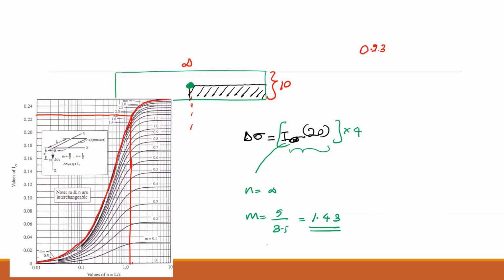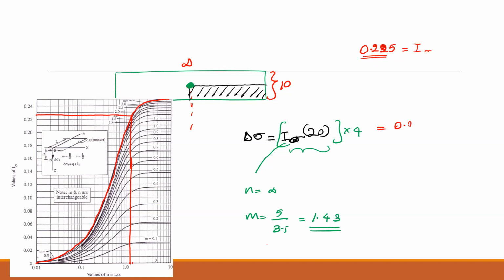So let's take this 0.23. Not 23, 0.22. 0.225 or something, isn't it? 0.225. Do you agree with this? Yeah. Okay, now let's put this value over here and you find it.